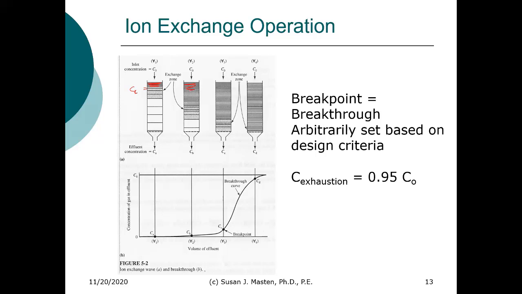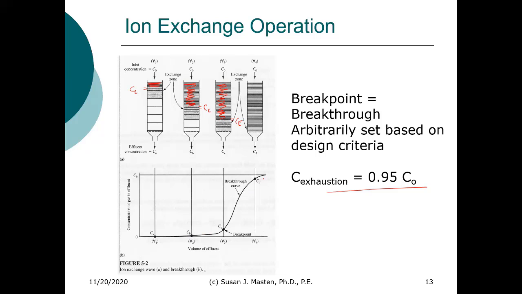Now my exchange zone has moved down the column. If I had a sampling port here, the concentration at this point would be what? It would be my C sub B, or my exhausted. Okay, 95% of C0. Same thing. My exchange zone has moved down the column. Now, if I have a sampling port there, what's the concentration? Exhaustion, C sub E.